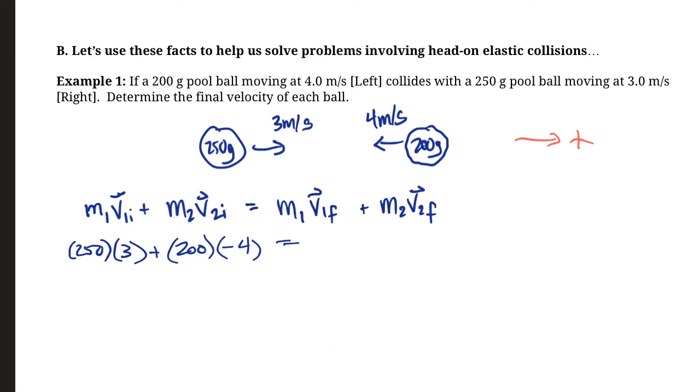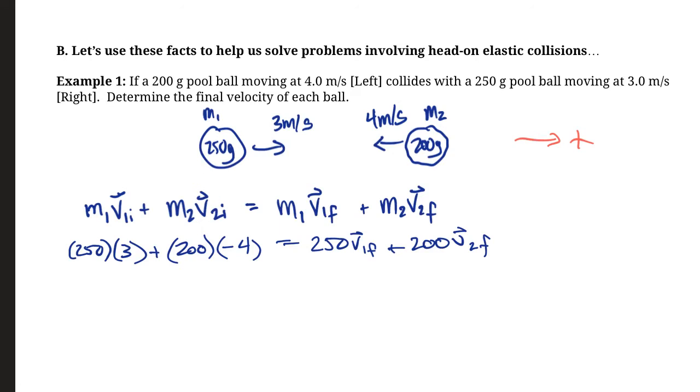And this is going to equal the mass 1, so 250. I should label this: this is m1 and this is m2. 250 times v1f, which we don't know, plus 200 v2f, which we don't know.